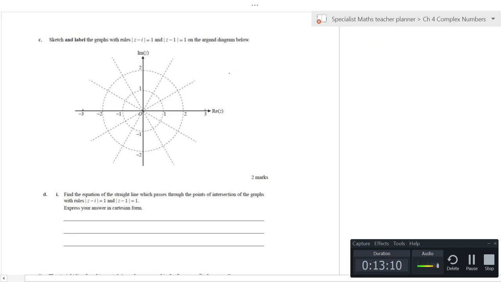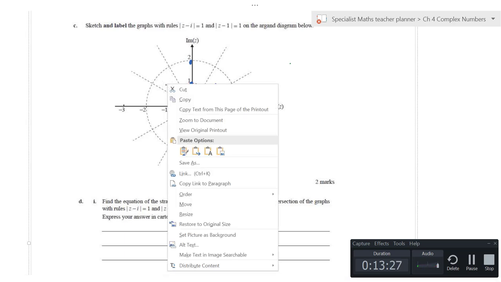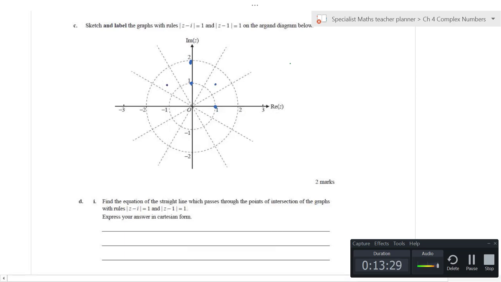Now it says sketch and label the graphs. Well, look at that. We've got a nice circle here. We've got a circle that starts here. We can draw sort of roughly what they're going to look like. So we've got that, and as you can see, you need to be able to identify.